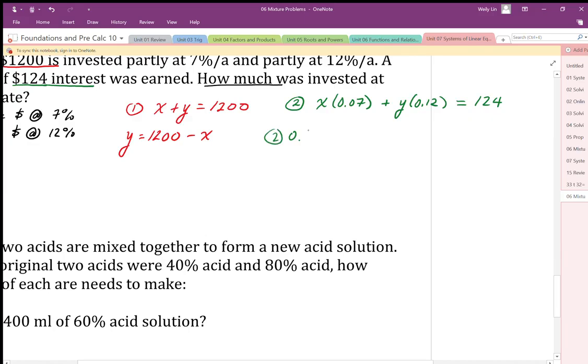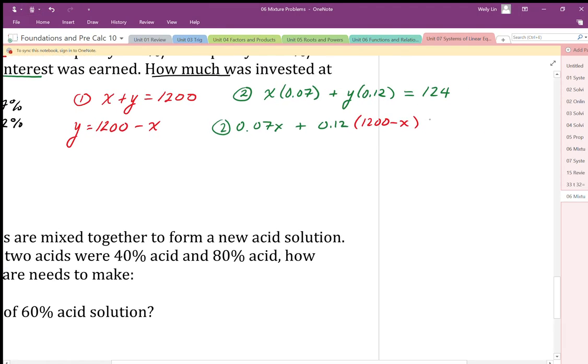I'm going to have 0.07x plus 0.12y, and instead of y, I'm going to replace it with the equivalent 1200 minus x. Now I've eliminated the variable y. I have one variable in this equation, so this makes it much easier to solve.